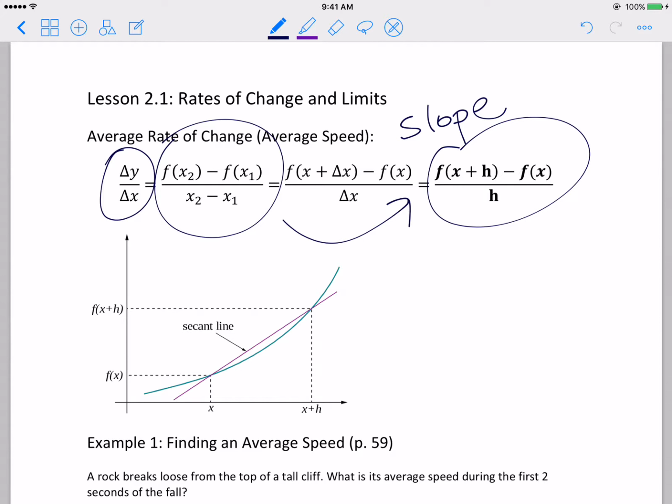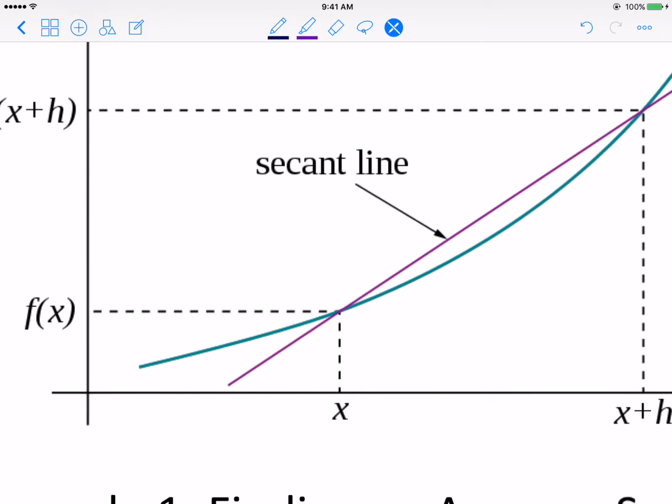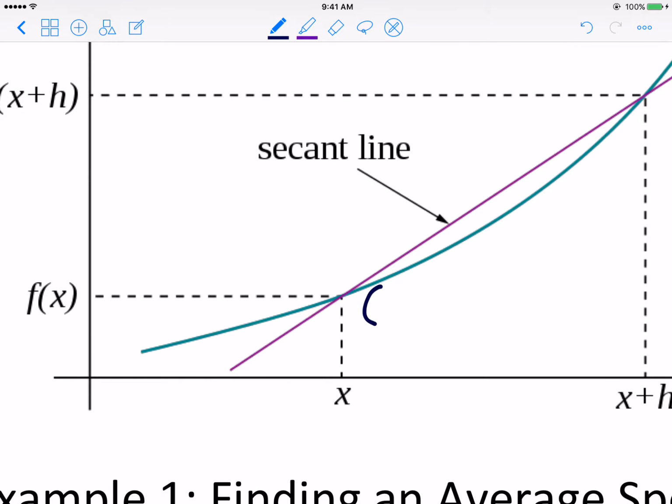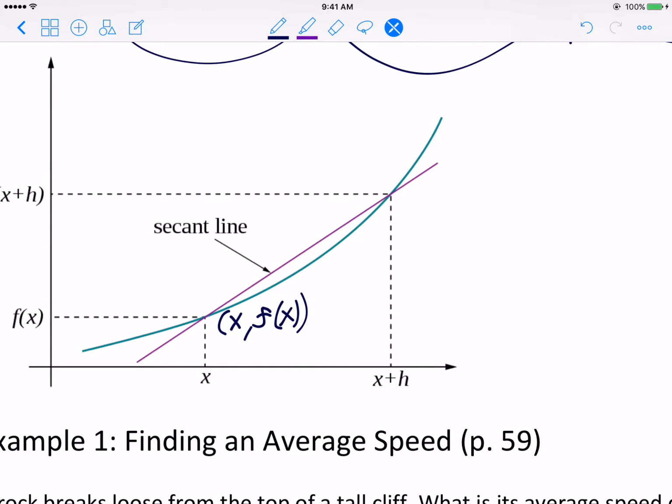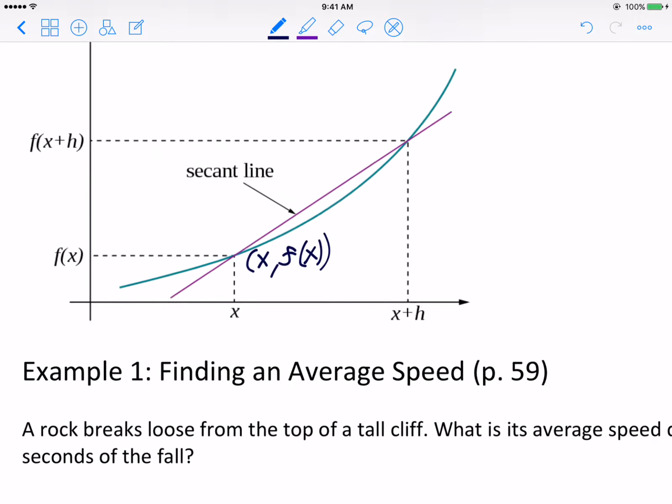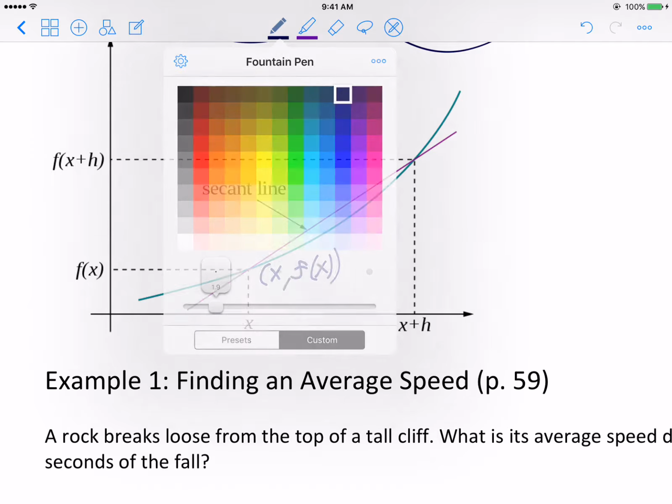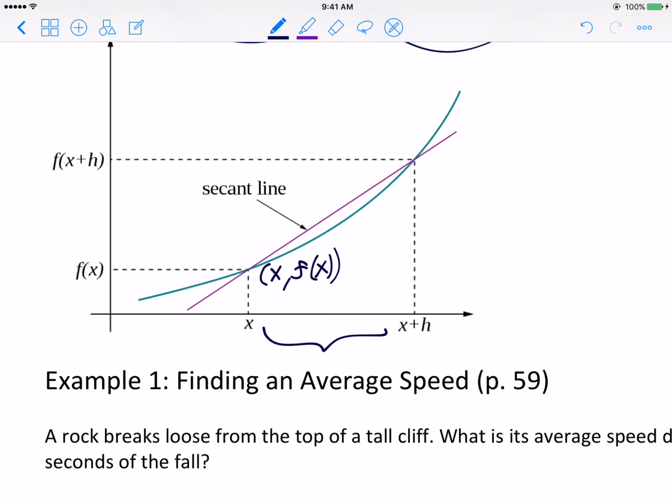We know that if you have 2 points, the first point being x, f of x, and your second point having its x value h units away to the right of x, then x plus h will be the x coordinate for your second point.